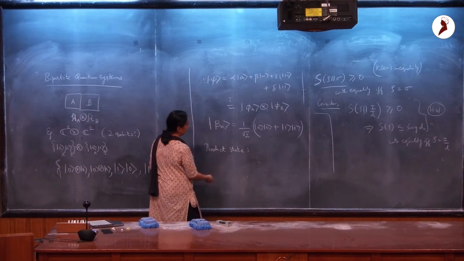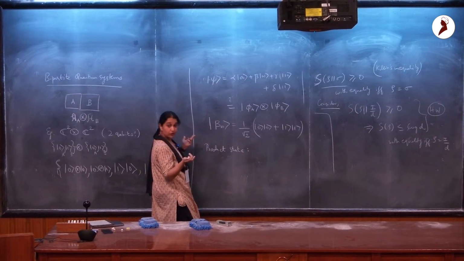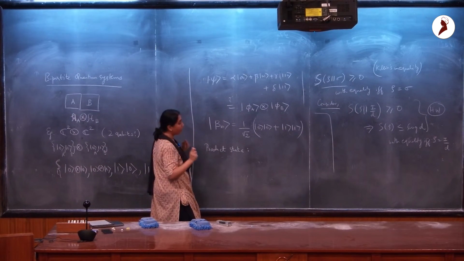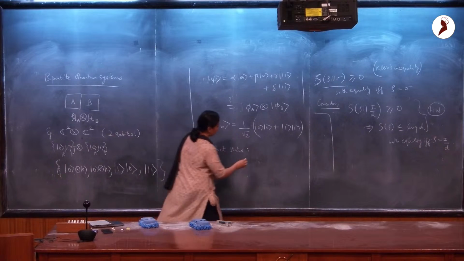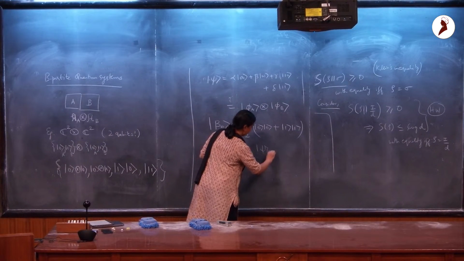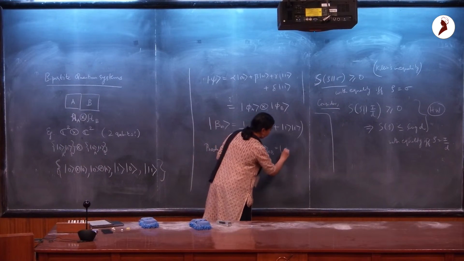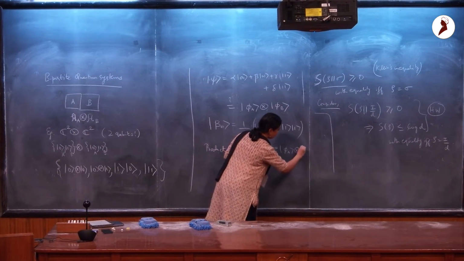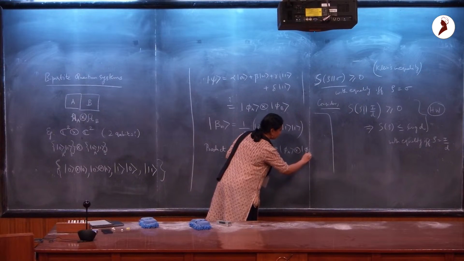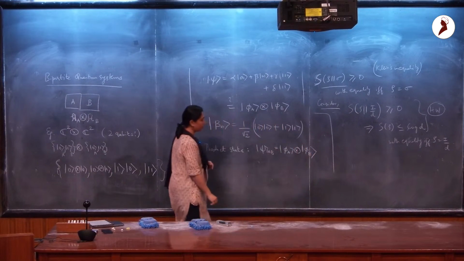We say that a joint state, a joint pure state, I'm only talking about pure states now, is a product state if there exist phi_A and phi_B such that psi_AB can be written like this.